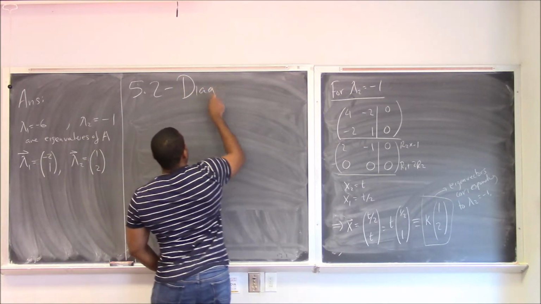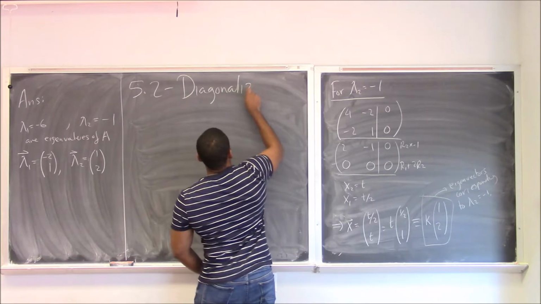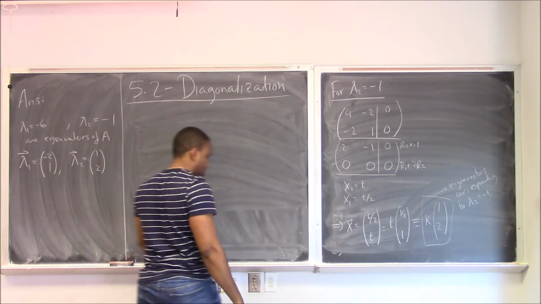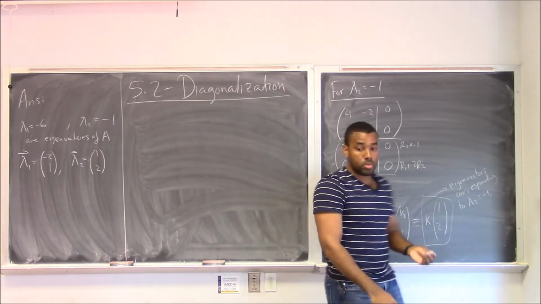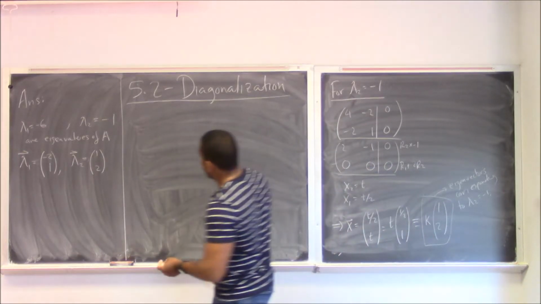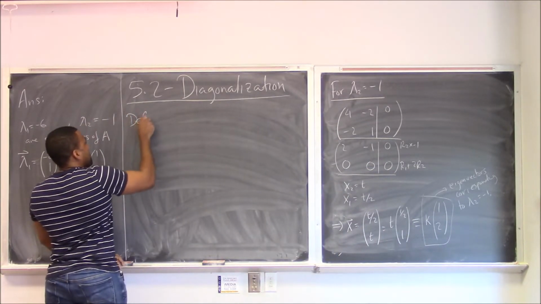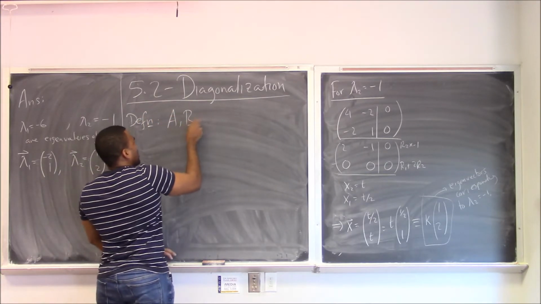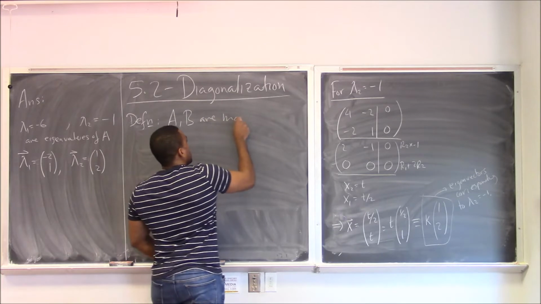So 5.2 is diagonalization. Here's a definition. A, B are matrices.